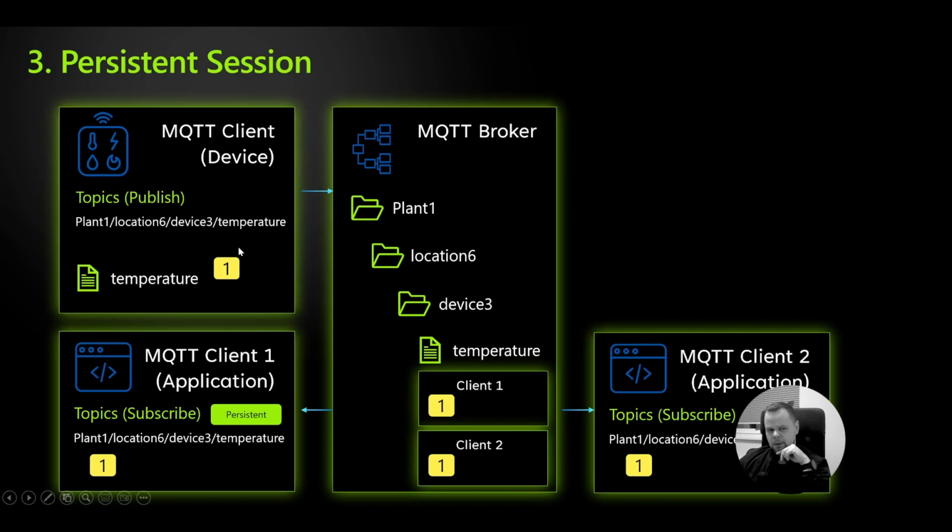One client, the publisher, publishes a message, and as soon as everything is connected, it doesn't matter whether persistent or not, they will receive the messages, and the broker will discard those messages from its side. But then the interesting part starts. On disconnect, when a new message arrives, it will be stored in the queue for client 1, but it won't be stored for client 2 because it's not persistent.